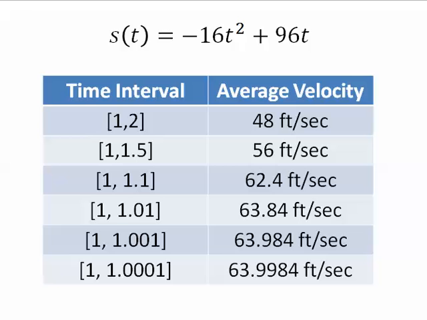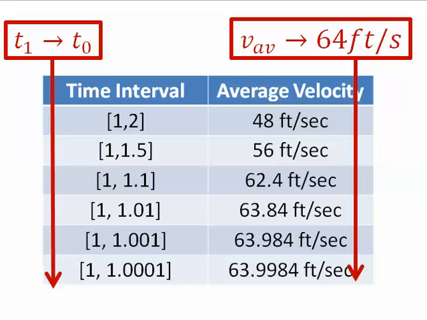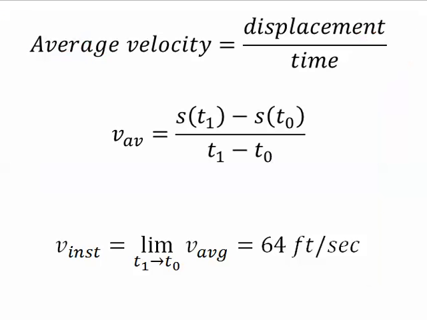Notice that as t1 approaches t0, so the second number of the interval is approaching 1 second, these time intervals are getting shorter and shorter. Notice that as that happens, the average velocity is getting closer and closer to 64 feet per second. For that reason, we say that the instantaneous velocity is 64 feet per second.